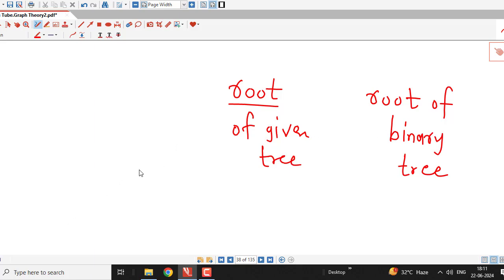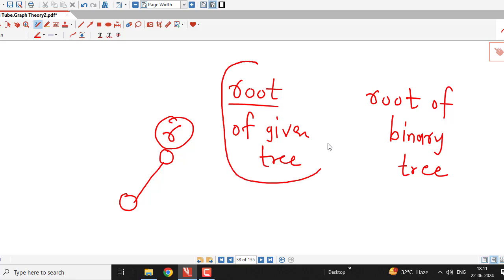Suppose R is the root. Now suppose we are interested in the left child of this root R of the binary tree, then the left child of root R or of any vertex in a binary tree will be equal to the leftmost child of that vertex in a general tree.